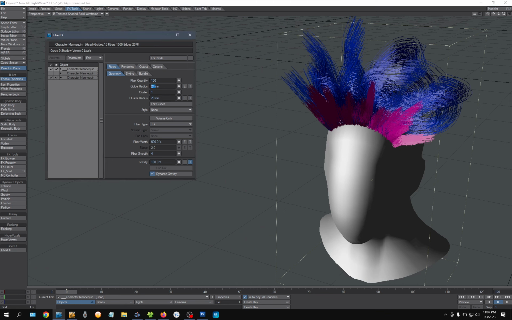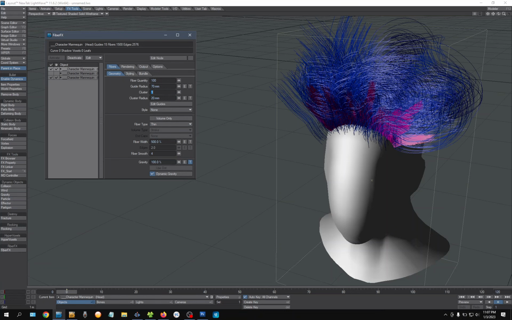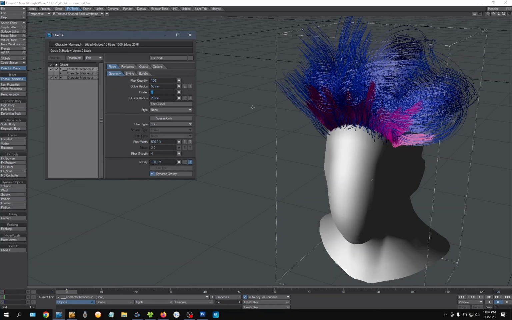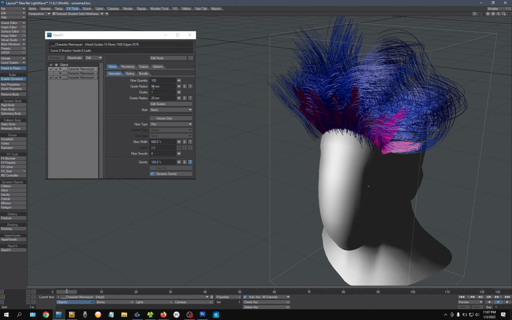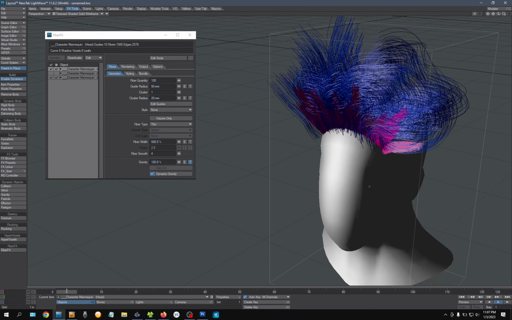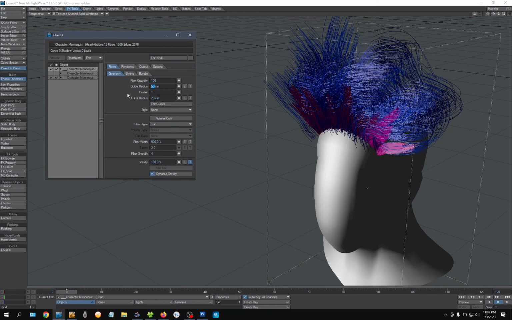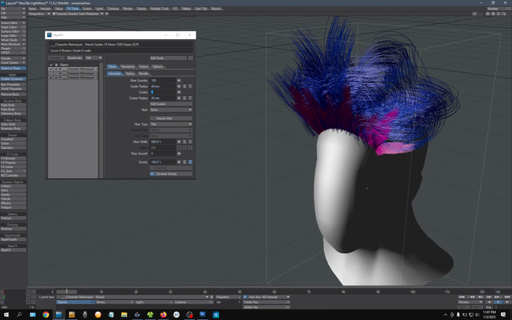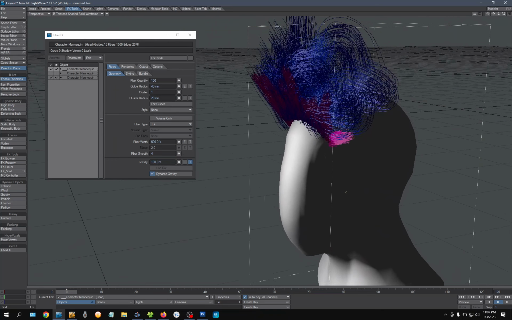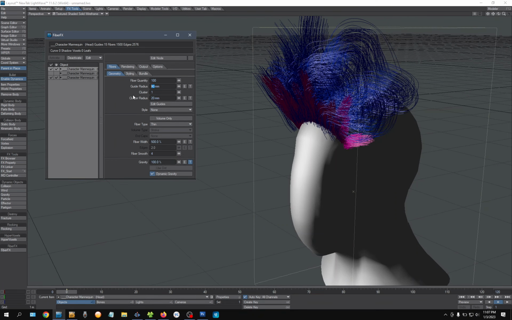So because I have this front line now, I guess I could be more harsh on that guide radius. Set that to 50. Yes, too close. But this looks bad, doesn't it?